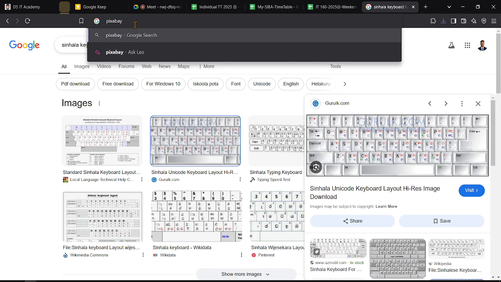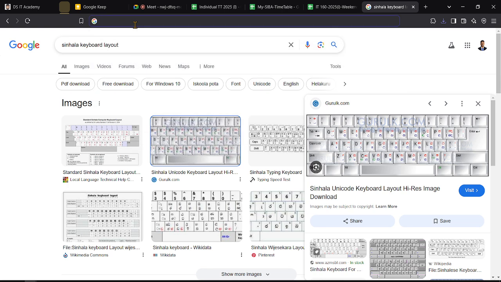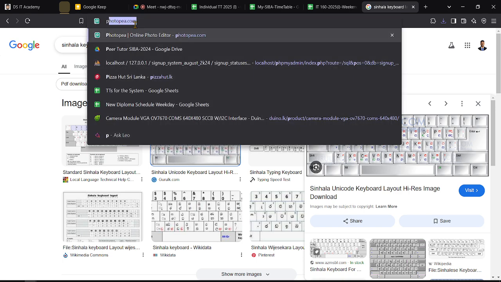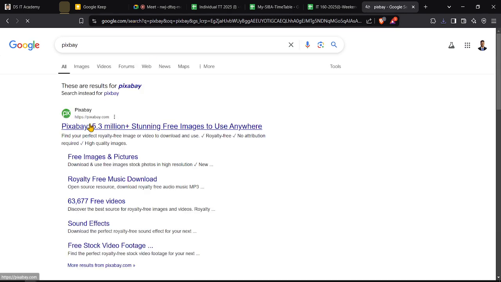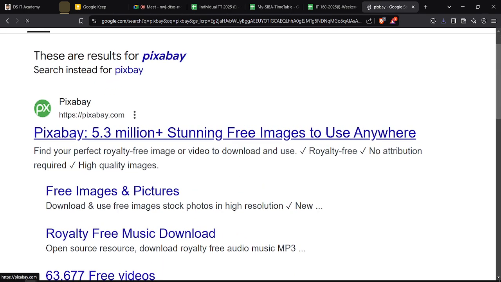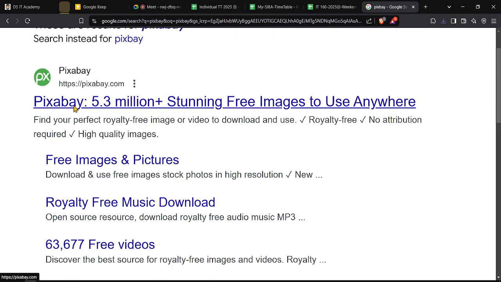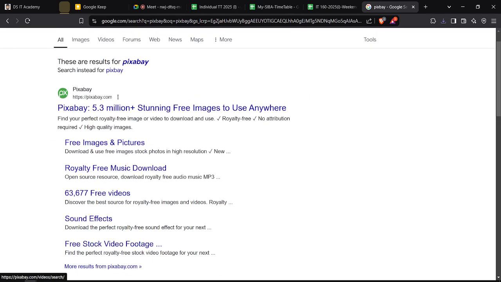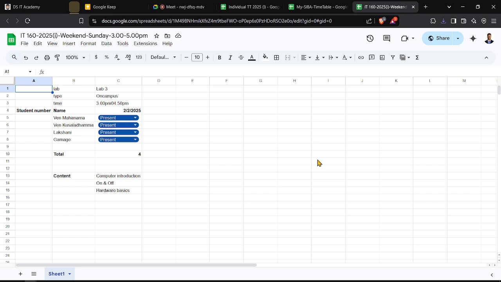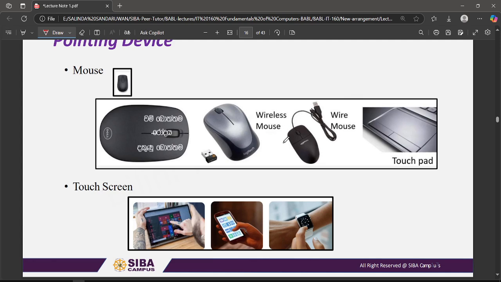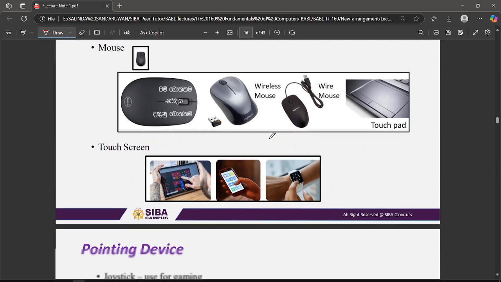Just type Pixabay on the internet. Pixabay, right? This is good. You can download even videos and others, and you can also use ChatGPT to generate images. You can give the prompt and generate an image. We'll see.